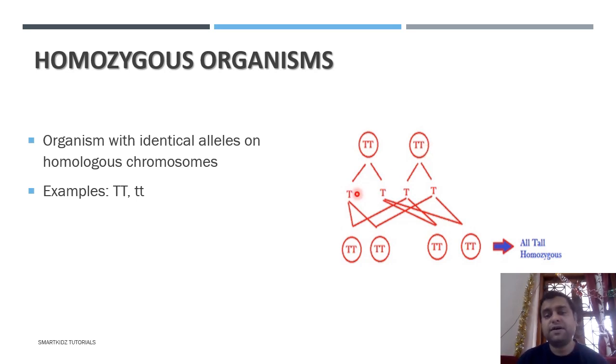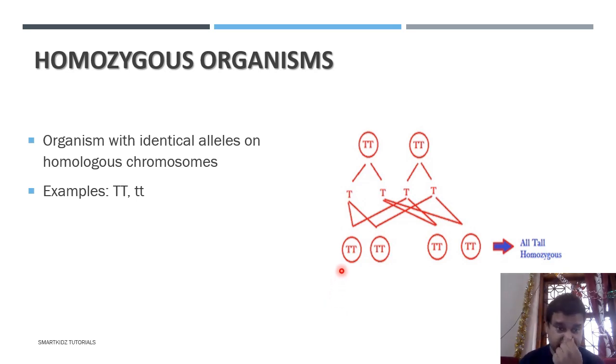Now in self-pollination, this is exactly what happens. So one T combines with this T, then this T combines with this T. Similarly, this T combines with this T over here, and this T goes on to combine with this T over here. So as a result we get 4 different combinations, but all of them are tall.